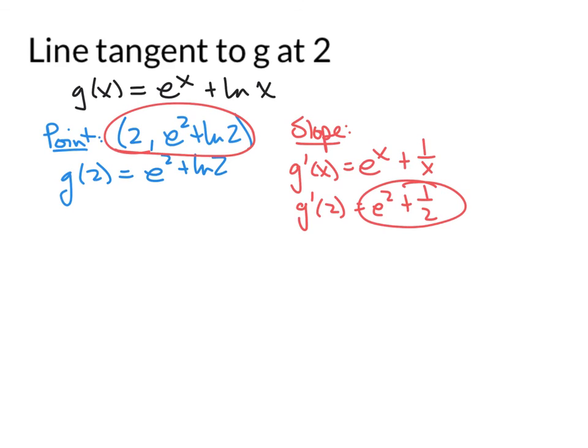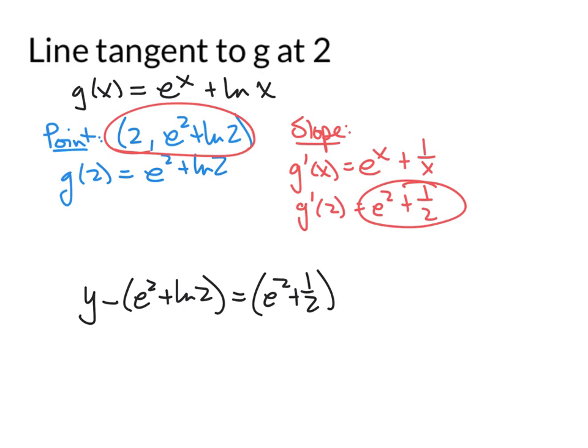Here is our exact point. So if we want to write the equation of the line, we'll go y minus the y-coordinate, e squared plus natural log of 2, is equal to the slope, e squared plus 1/2, times x minus the x-coordinate, which was just 2. And that's the very exact version for the tangent line.